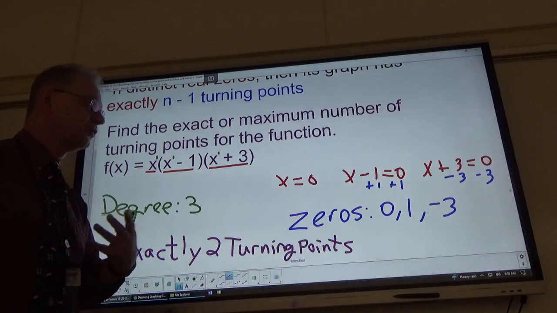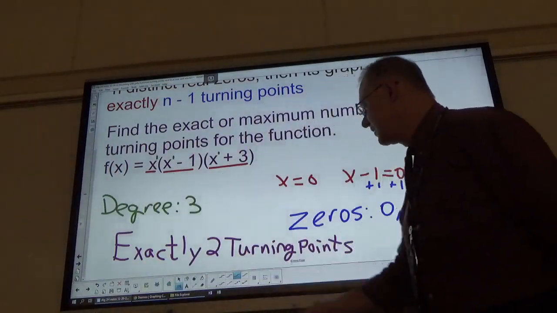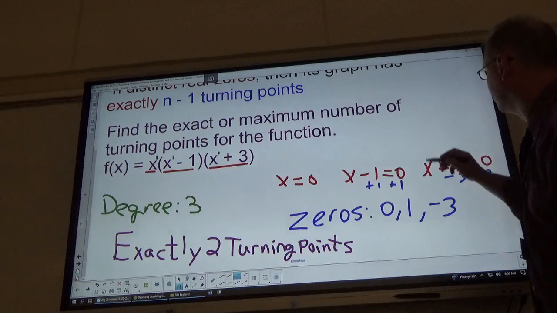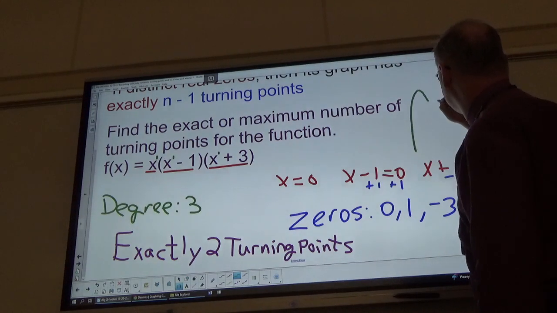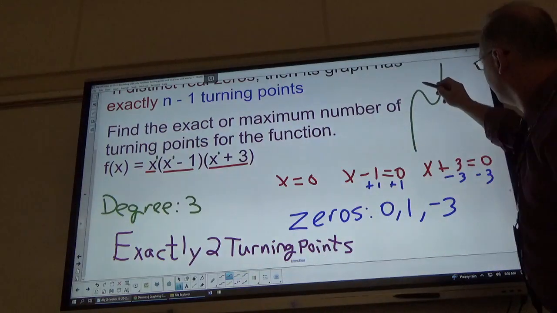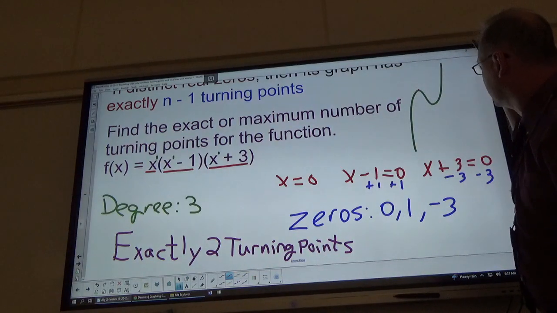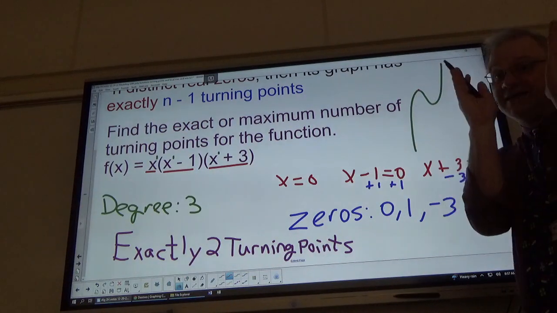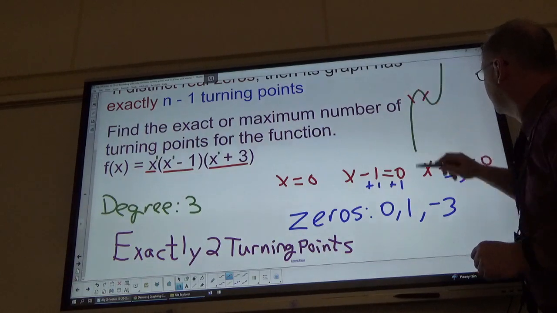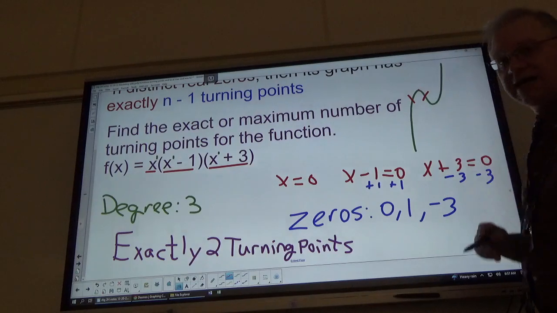Now, let me just show you a quick sketch of what a third degree function might look like. Here's one example of a third degree function. You have a local maximum here, because if you look in that small focused area, you see there's a high point.